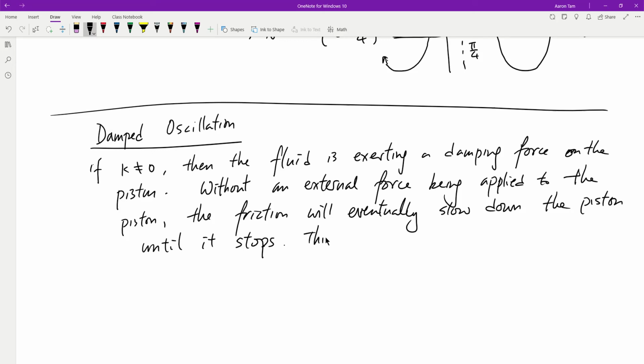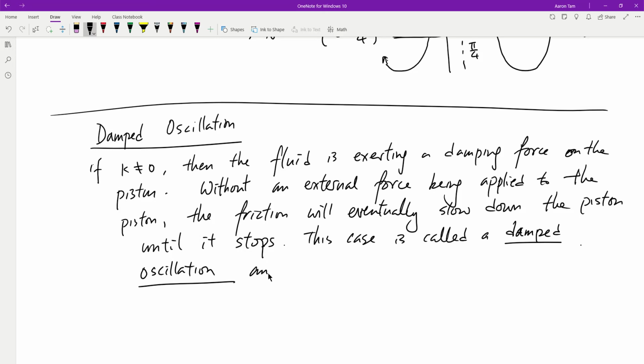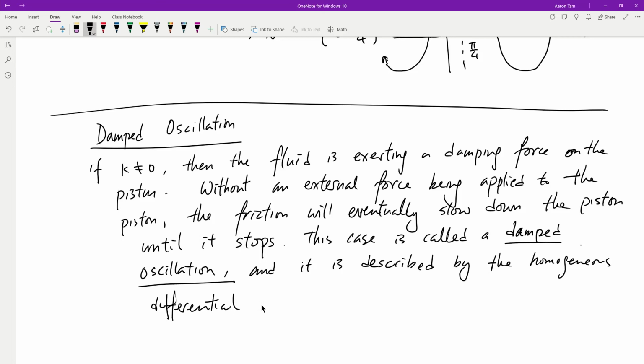This is called a damped oscillation, and it will be described by the differential equation mx double prime plus kx prime plus hx equal to 0. Because of no external force, it is still a homogeneous equation.